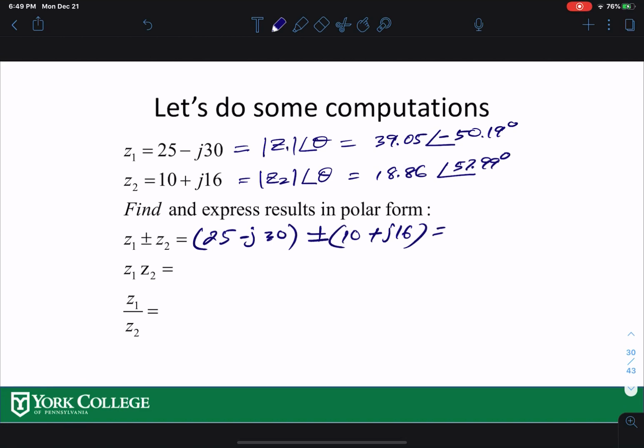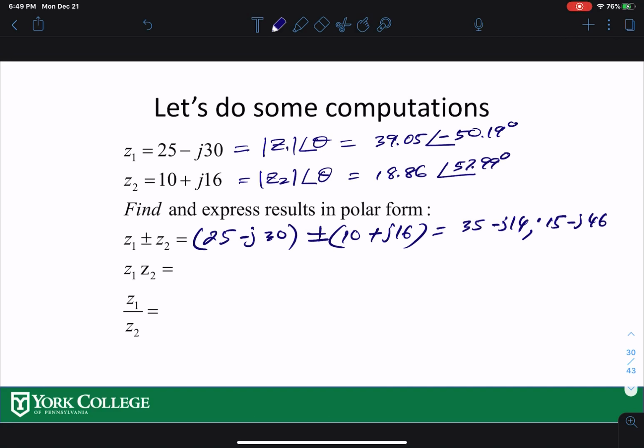Then if you add them, you will get 35, and you will get negative j14. Then if you subtract them, you'll get 15, and you get negative j46, right? So that is addition and subtraction, very easy to do in Cartesian form.